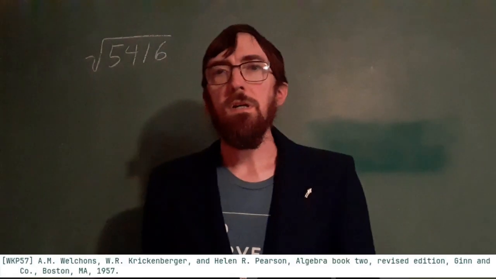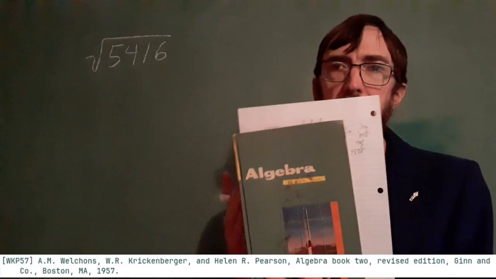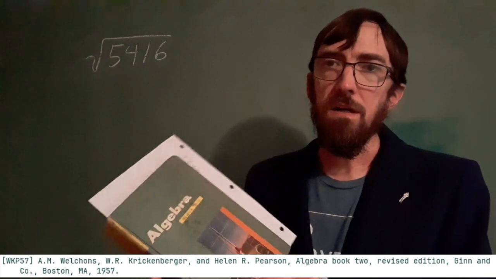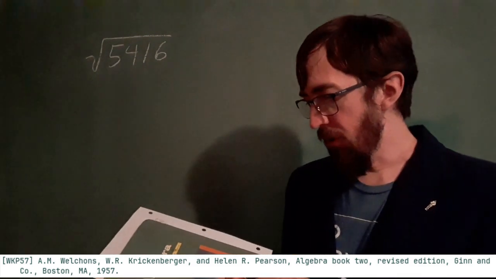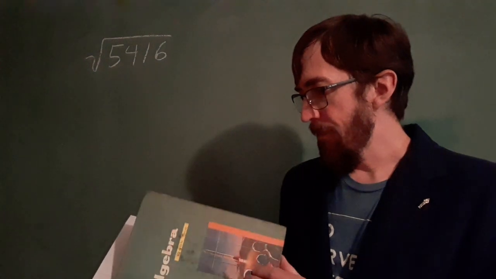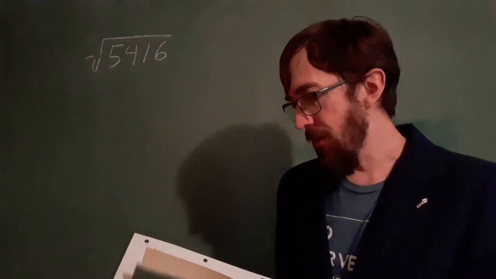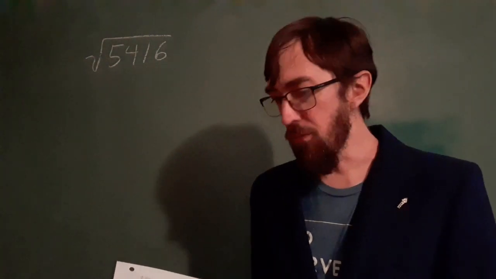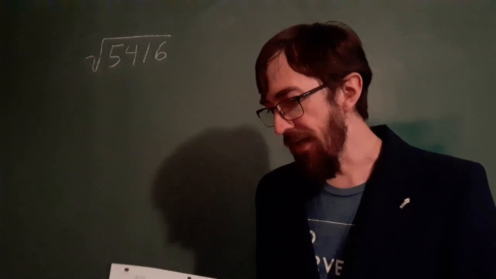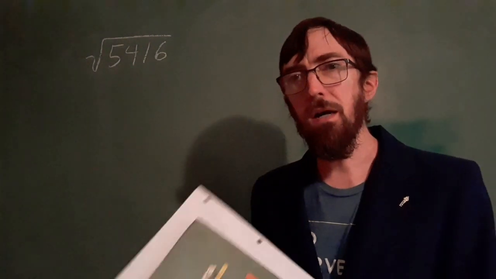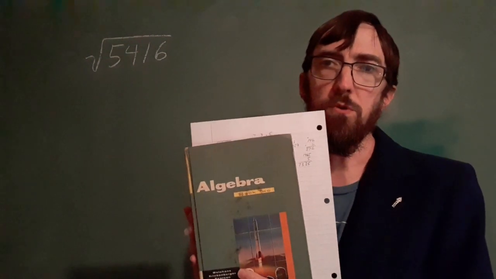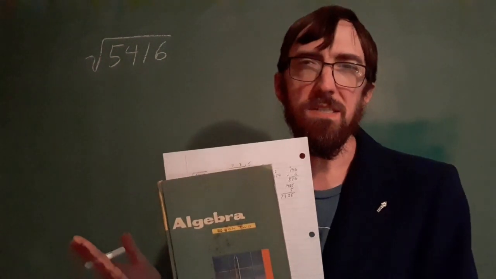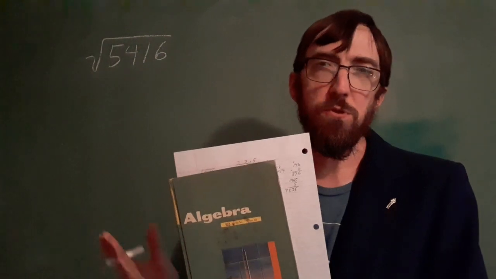So the textbook that I am working from today is this textbook from 1957. This is an Algebra 2 textbook, and there's a lot of wonderful information in this textbook that was taught back in the 50s that I think some of my students in modern times would feel was beyond what they would like to see in an Algebra 2 course.